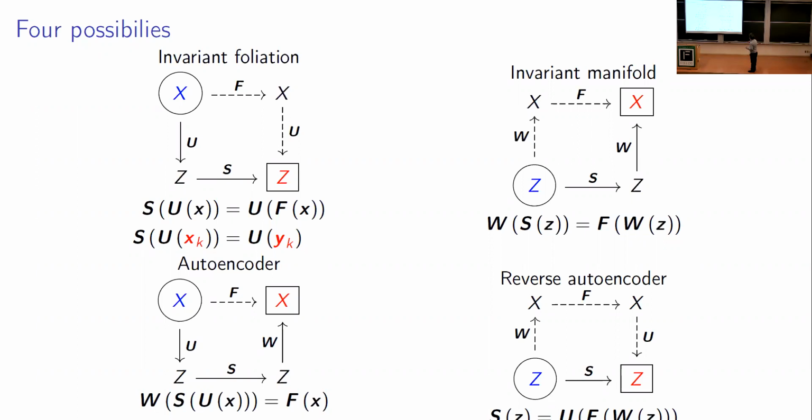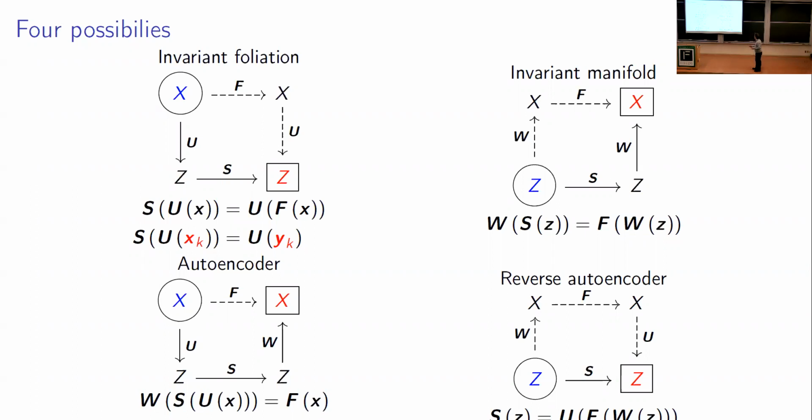So the second case is the invariant manifold, where you basically use a decoder to map from the low dimensional space to the high dimensional space, go through the arrows again, find an invariance equation, but this cannot be fitted to data because the domain of the invariance equation is on the low dimensional space and you have no data on there, without actually making some projections, which would be using an encoder. So that is not data oriented.